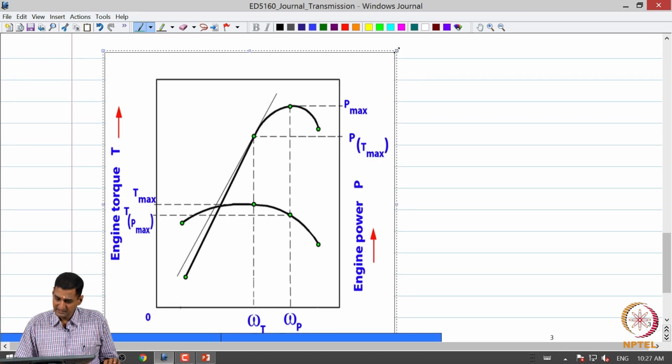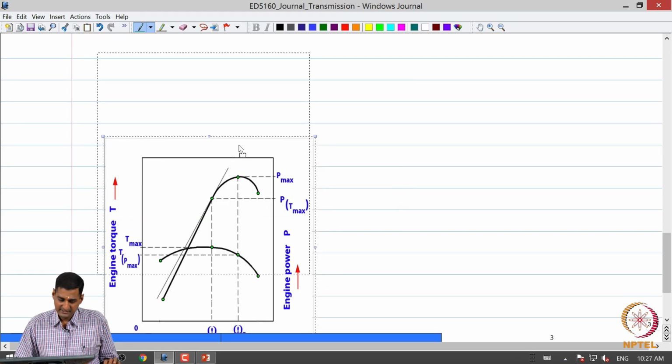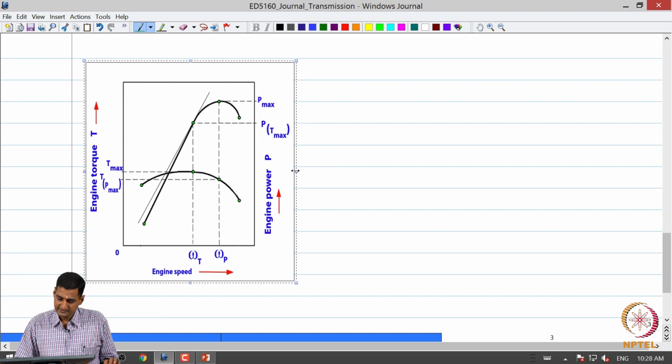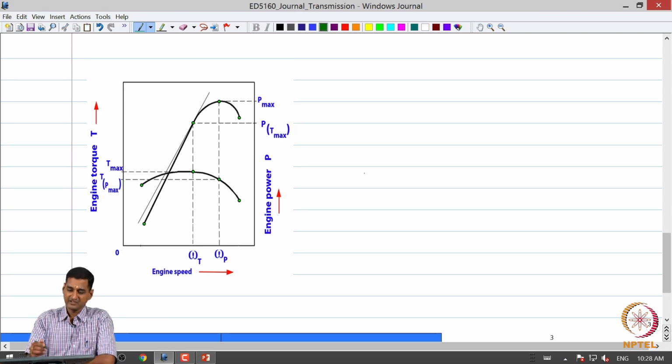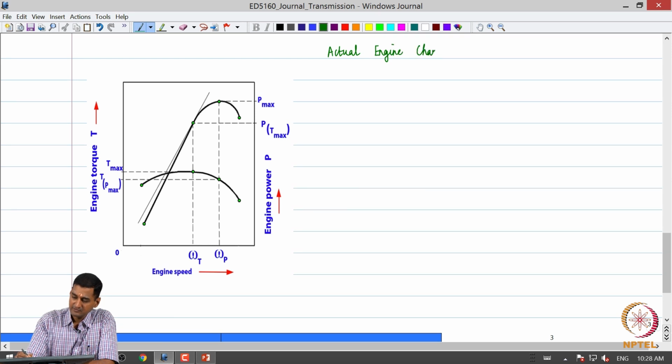If you take a typical internal combustion engine and look at its torque-speed and power-speed characteristics, the plots are going to look something like this.